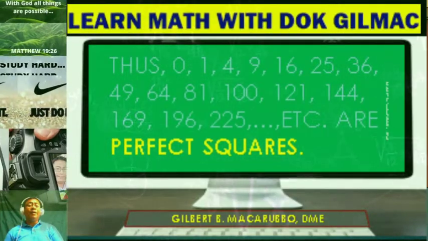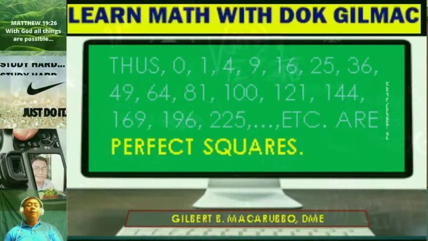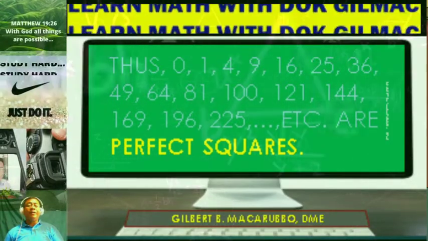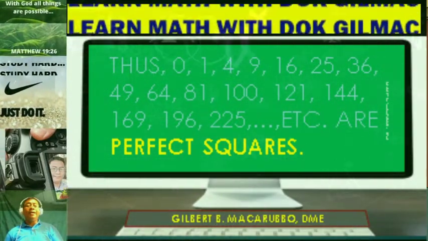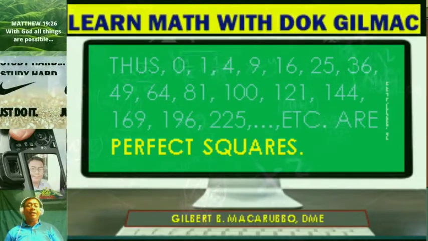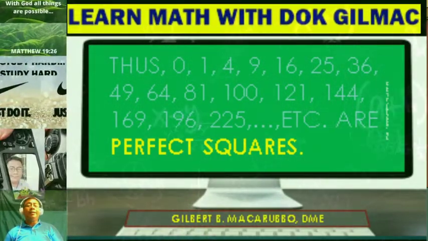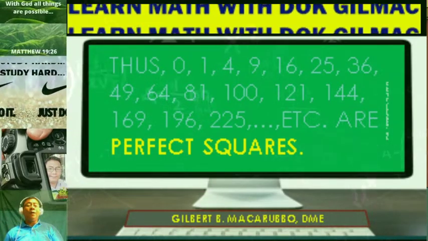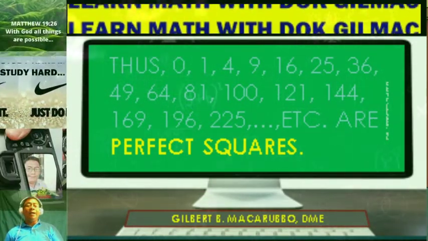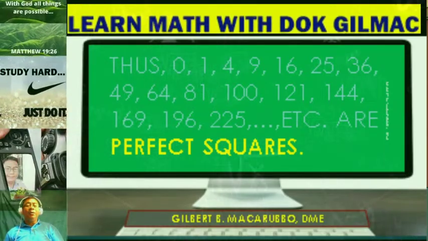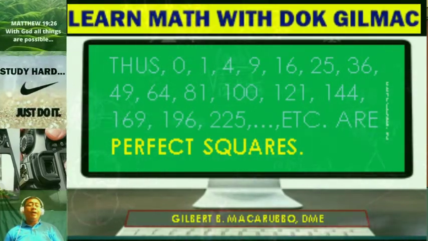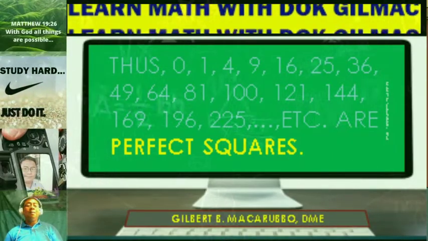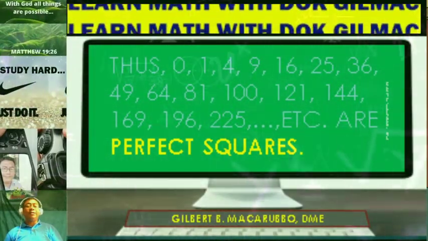Thus, 0, 1, 4, 9, 16, 25, 36, 49, 64, 81, 100, 121, 144, 169, 196, 225, and so forth and so on are what we call perfect squares.